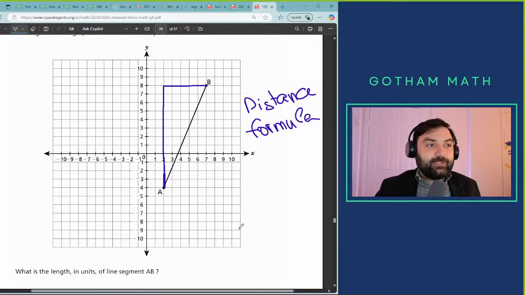Well, the thing is that we can calculate the legs of this triangle just by counting the squares, like 1, 2, 3, 4, 5. So this side will be 5, and this one will be 1, 2, 3, 4, 5, 6, 7, 8, 9, 10, 11, 12. This is 12.